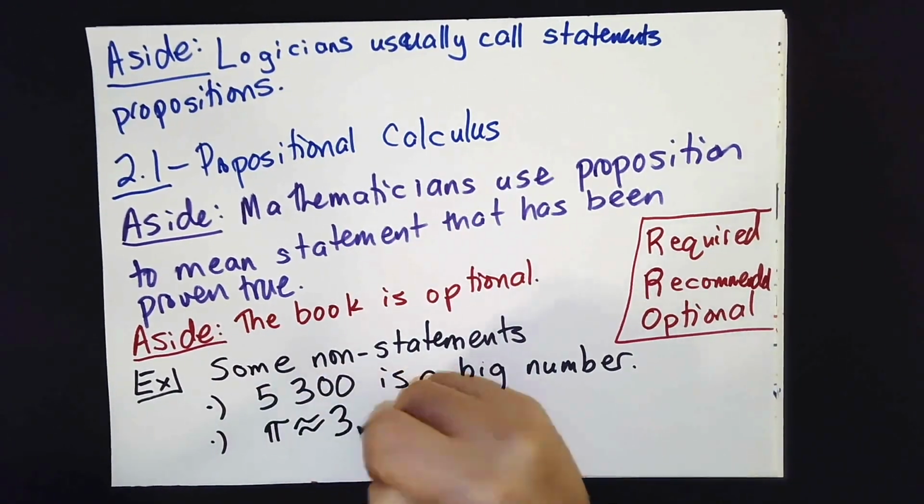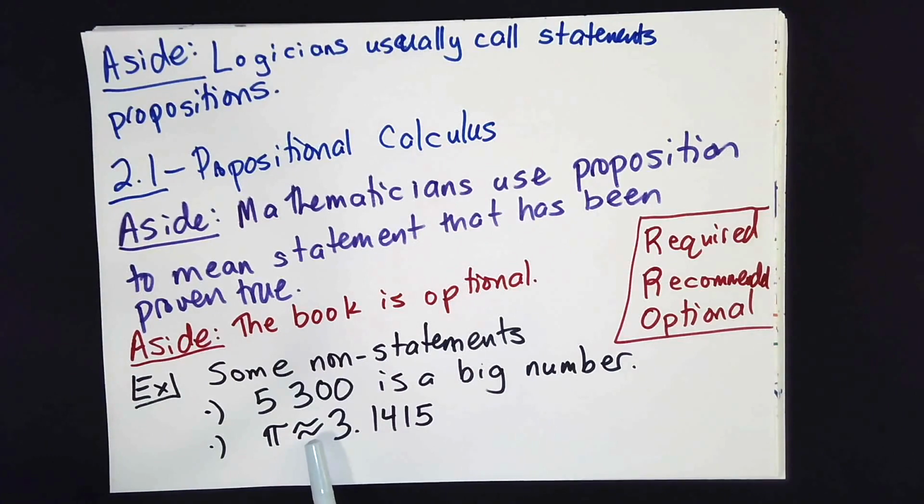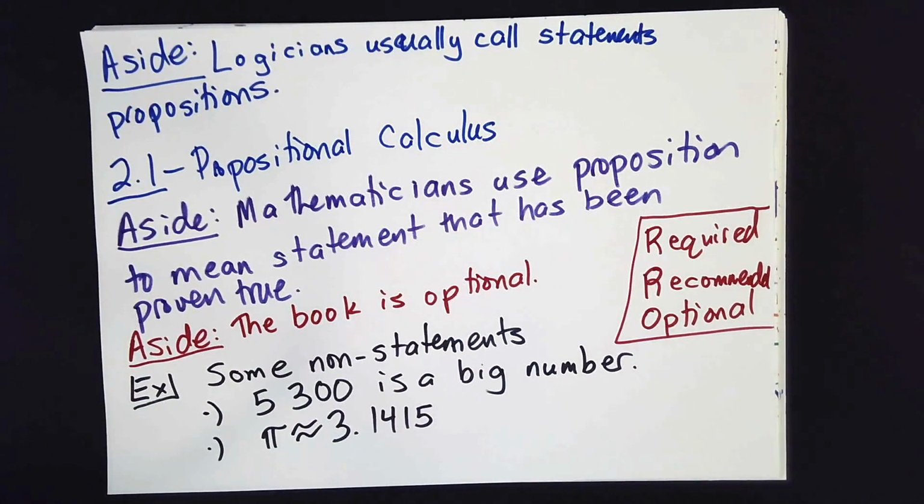Here's another example that might get you. Because if someone asked, hey, is it true that pi is approximately 3.1415? I think almost immediately your reaction would be, well, yes. But if you were really forced to ask yourself, what does this approximately equal mean? You might start to realize it's not super well defined.